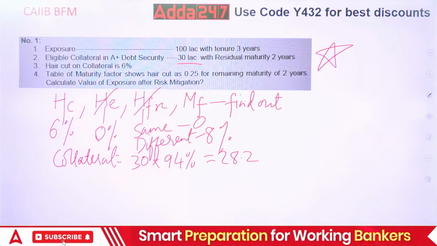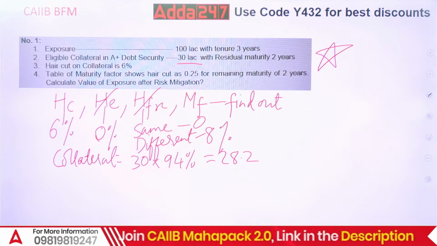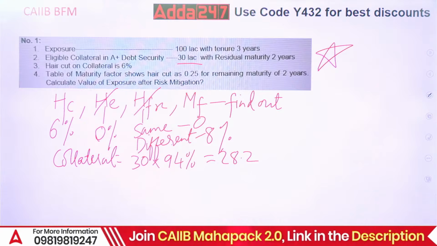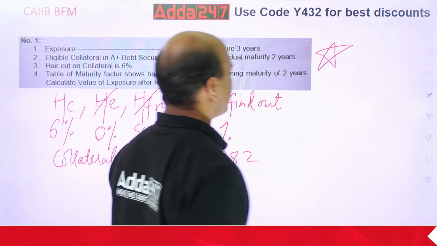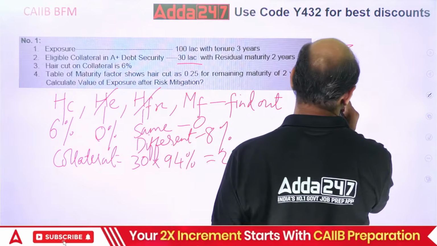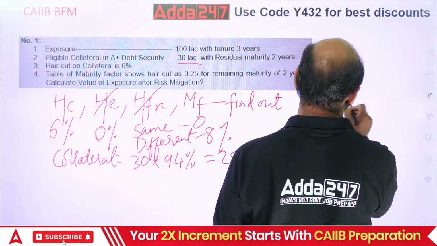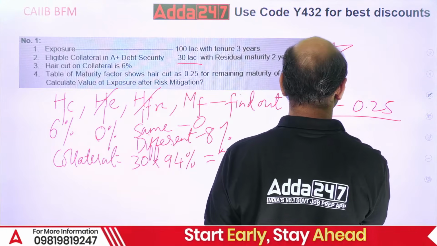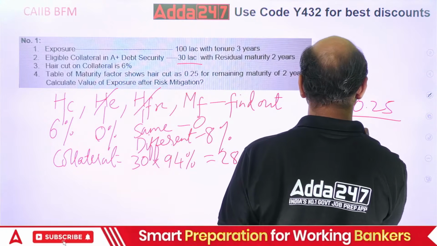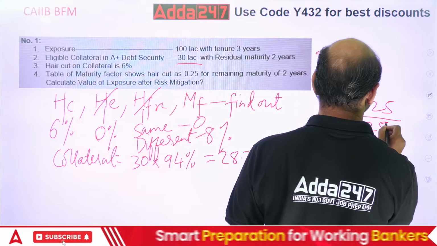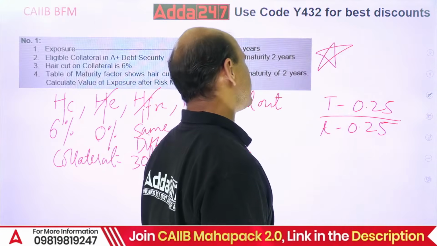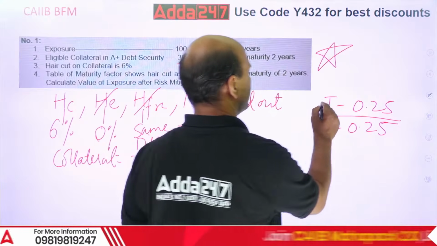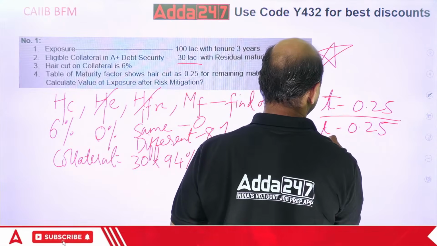So, capital T, remember this? We did it, right? Small t minus 0.25 upon capital T minus 0.25. It was small t above and capital T below.